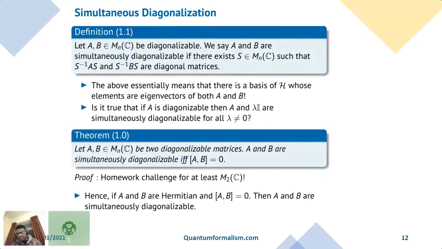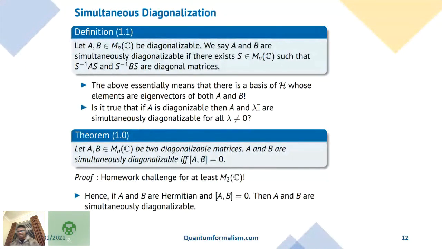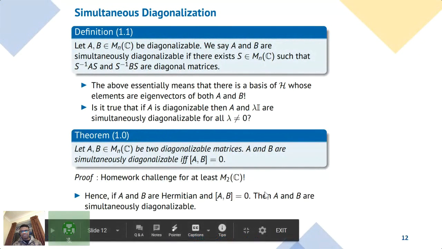Amir is asking why the comment about Hermitian. Well, I guess this duplicates the comment I wanted to make here: if they are simultaneously diagonalizable, it means they share an eigenbasis, right? If I was a physicist handed these two operators that I know are simultaneously diagonalizable, I know that they have eigenvectors that form an orthonormal basis on the Hilbert space, right?